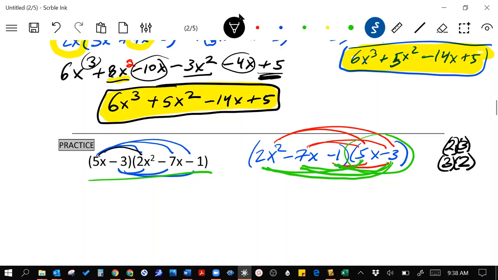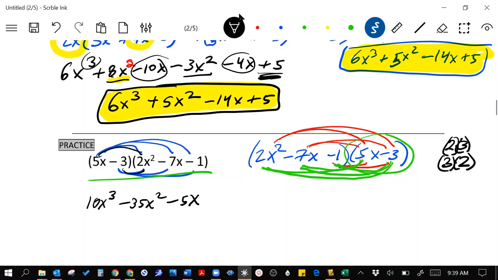All right, so after all of that, I'm going to stick to the basic one here, and I'm going to do 5 times 2 is 10x squared. Oops, it's not squared. I caught this one immediately here. This time it's cubed. x times x squared. And then 5 times negative 7 is negative 35, and x times x is x squared. 5x times negative 1 is negative 5x. And then negative 3 times 2x squared.